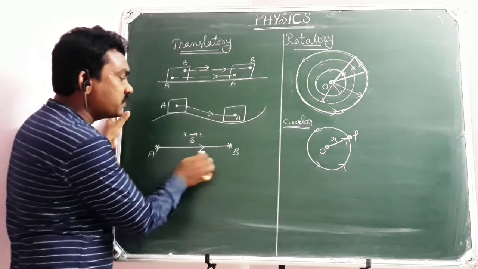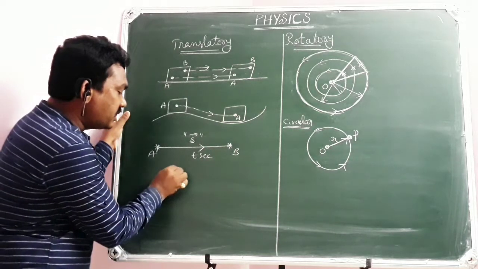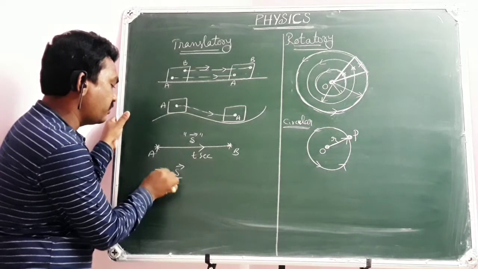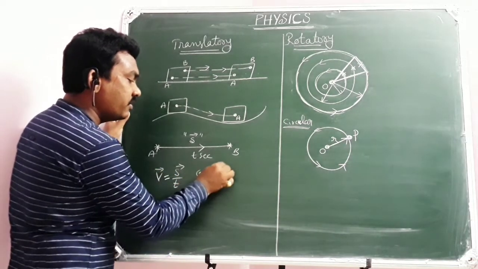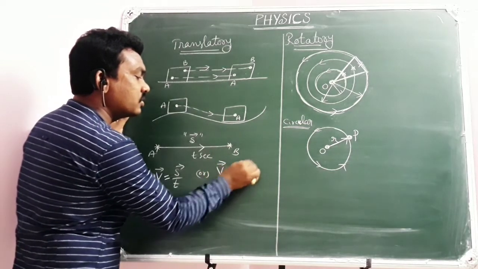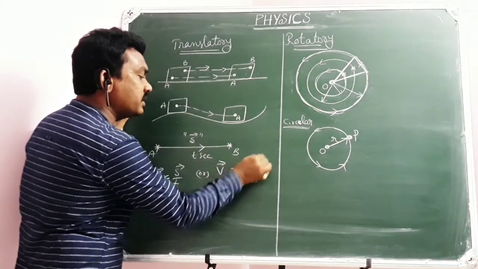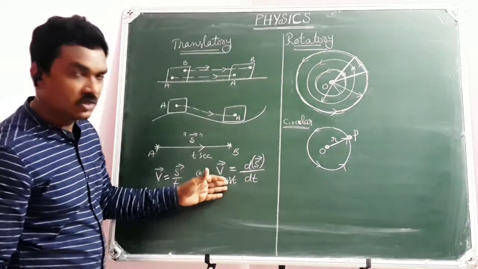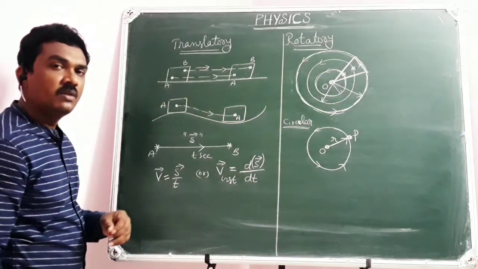If this displacement occurs in t seconds, then displacement per unit time is called velocity. We even write it in differentiation: instantaneous velocity vector is equal to ds by dt. Do you remember? The derivative of displacement with respect to time gives velocity. You have learned this. The slope of the s-t graph, ds by dt, gives instantaneous velocity.